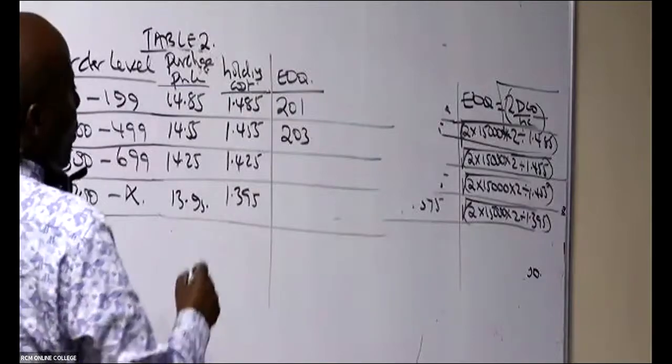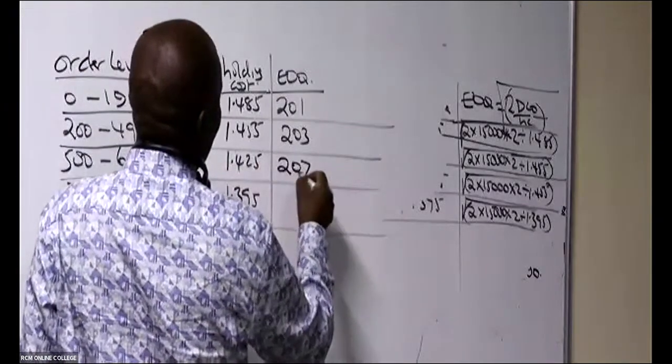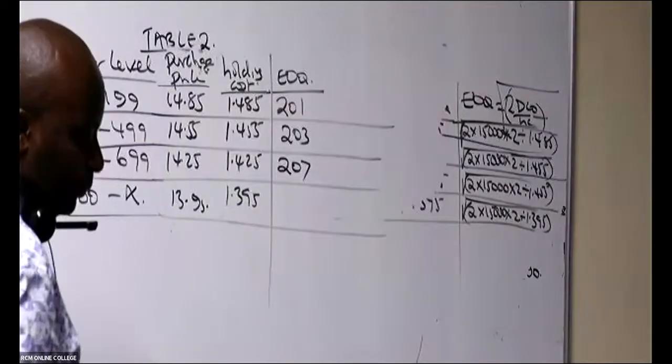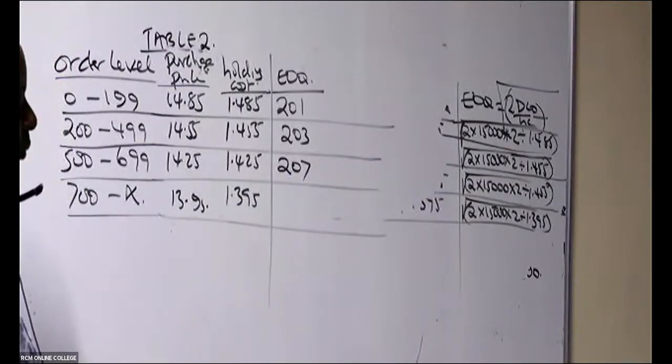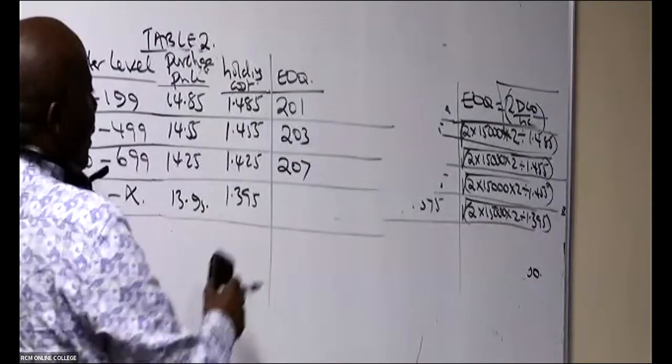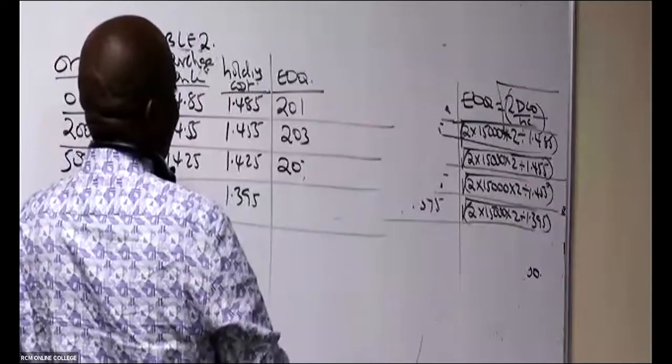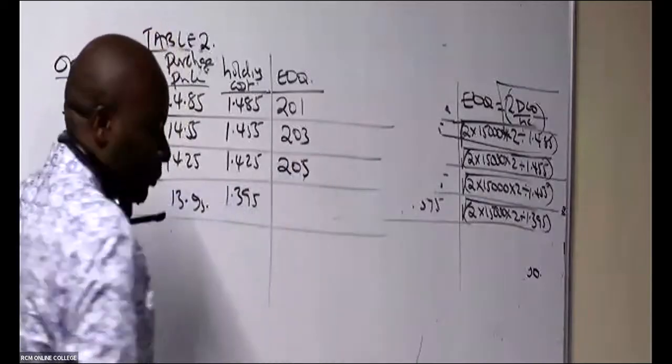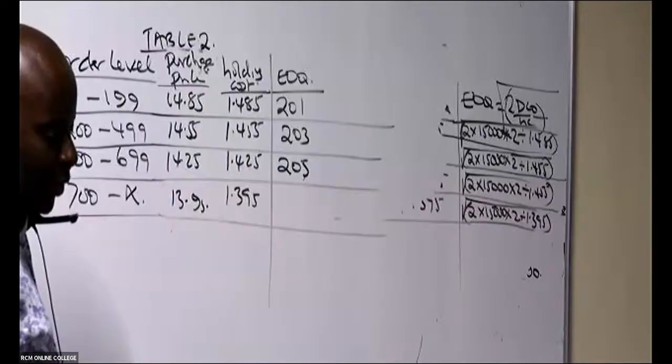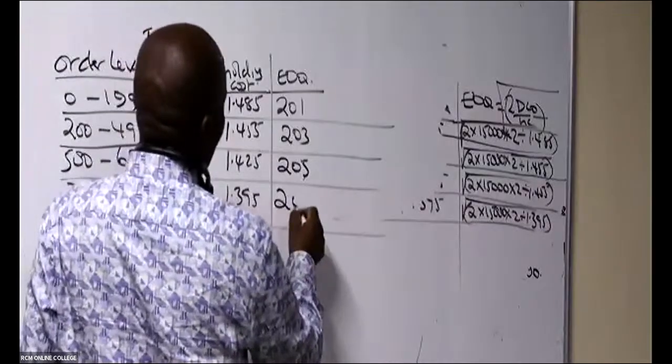The third one is 207. Actually 201, 203, 205 first, this one I'm being told it's 205. And then the last one is 207.